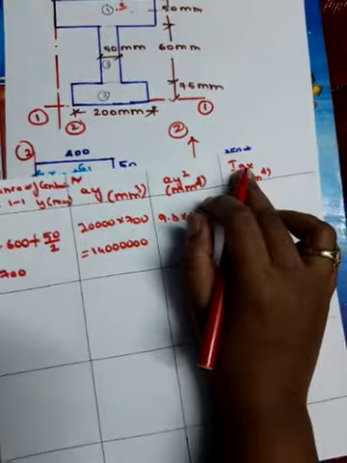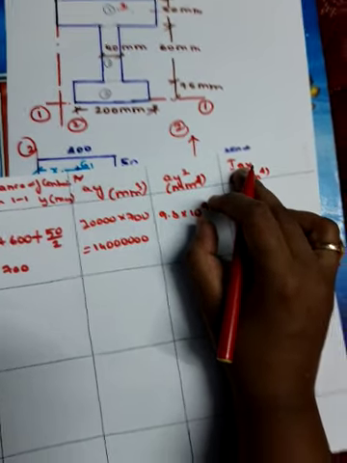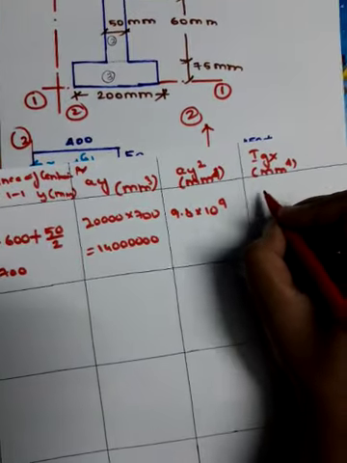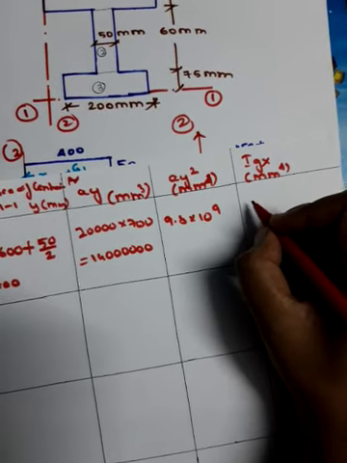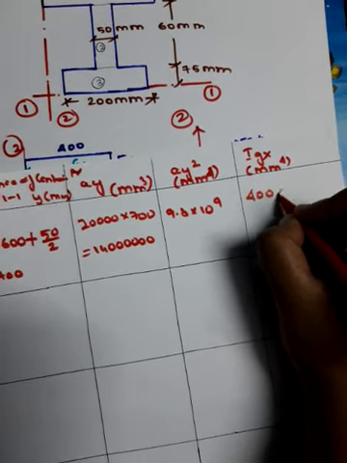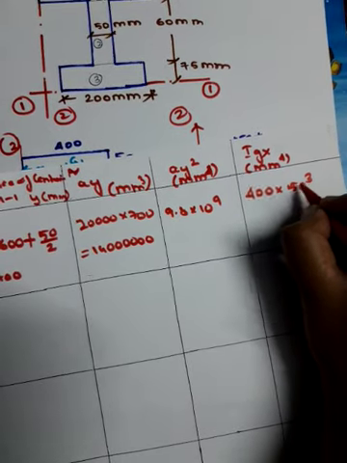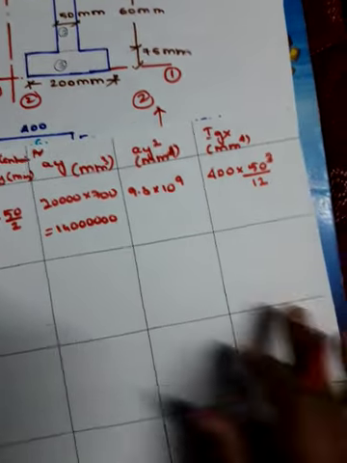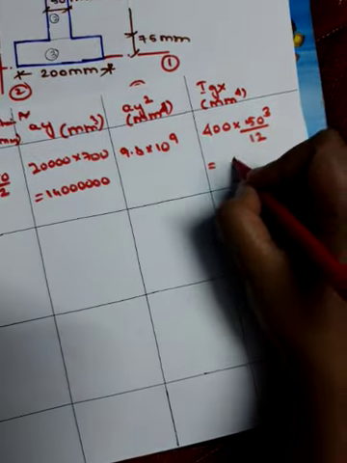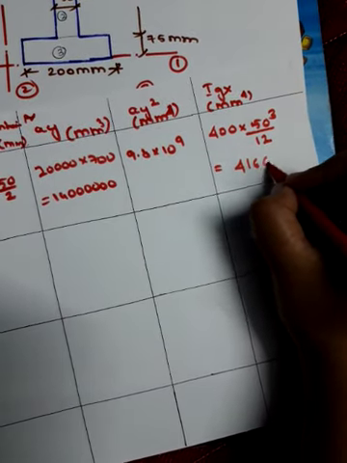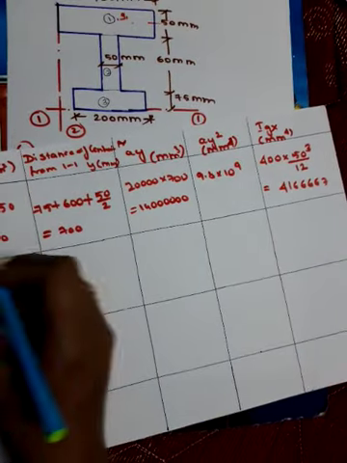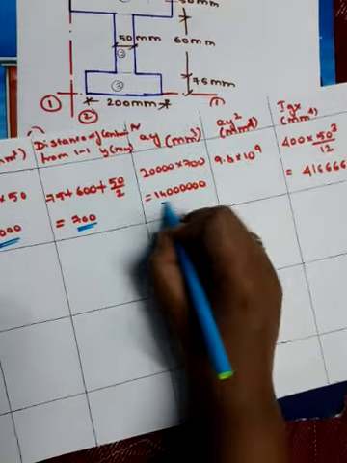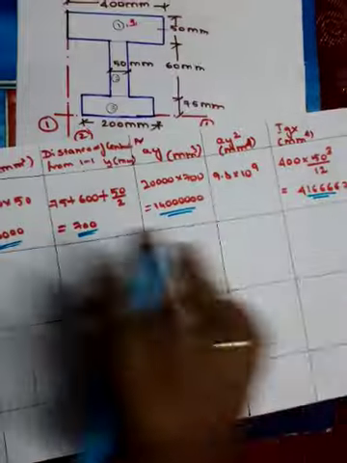And IGX, that is the moment of inertia along the centroidal axis, will be equal to bd cube divided by 12. So it is 400 into 50 cube divided by 12. The value is 4166667. You have to understand this value, and this one, this, and this you will be considering.